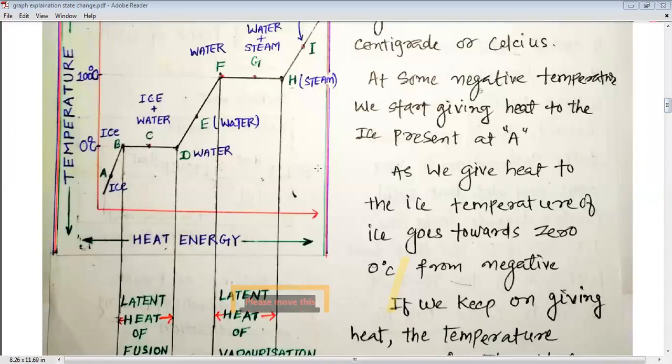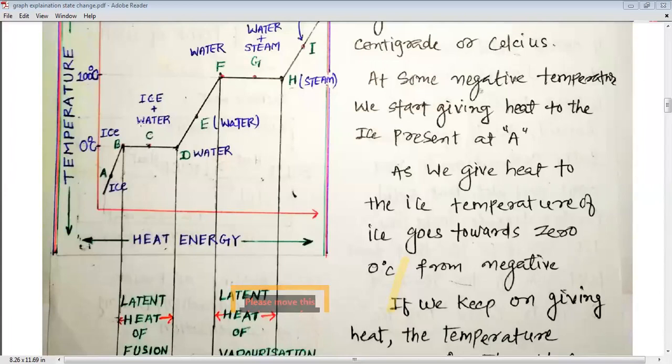When we provide heat energy from point B to point C, the temperature remains 0 degrees centigrade only, and more ice is converted into more and more water. From point B to point C, we will have more ice and less water. At point C, let us assume that we have equal quantity of ice and water present.